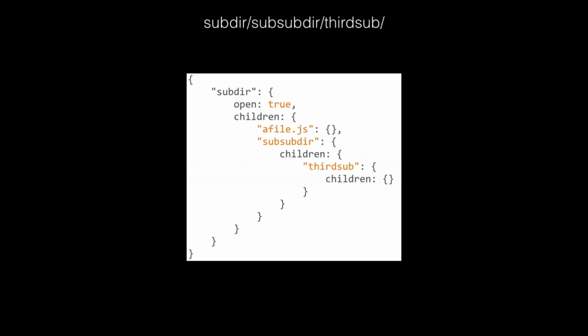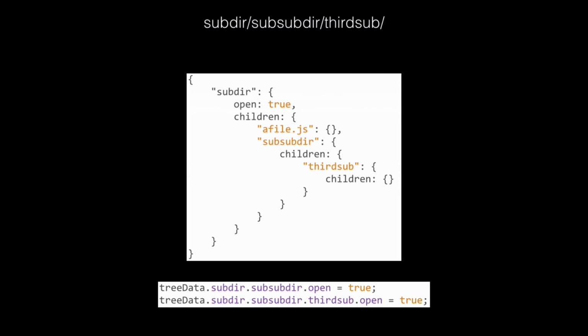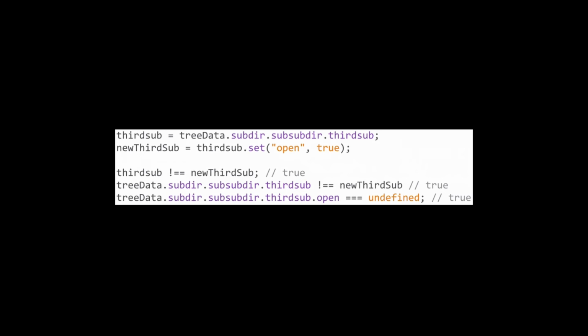And so if we wanted to open that third subdirectory, when you're using mutable objects, it's really easy. You just say treedata.subdir.subsubdir.open equals true, and then you do the same thing for third sub. Very simple. So this is in an immutable world.